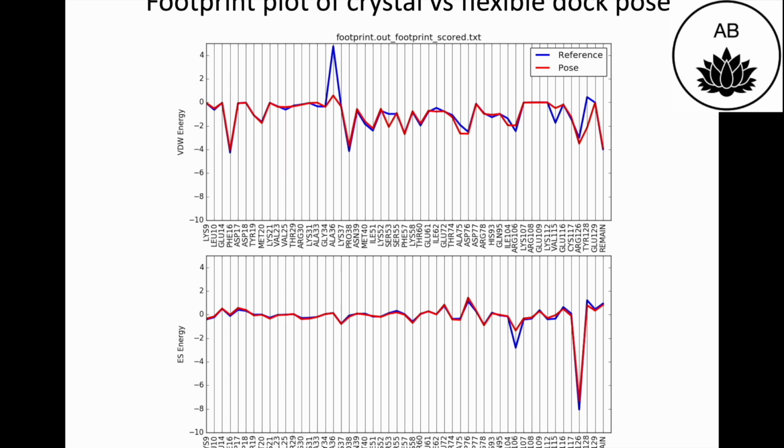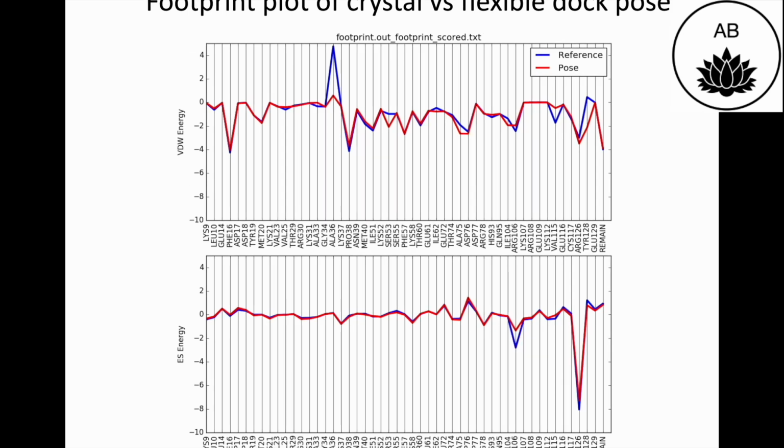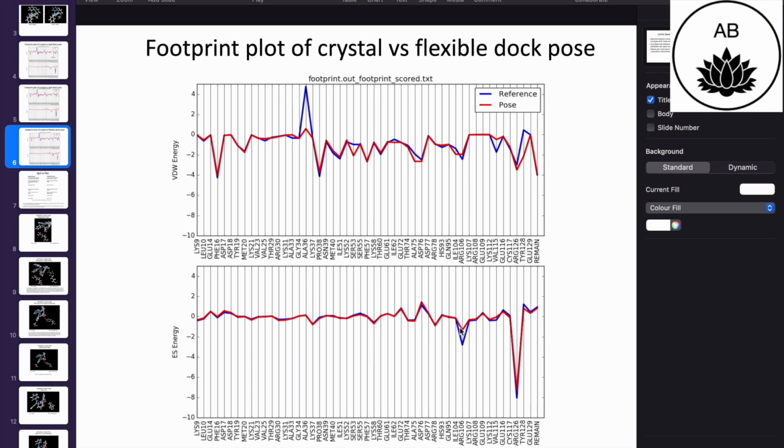Do you see any difference between this and this one? I think a major point of difference is over here in the electrostatics energy for the flexible docked pose, right where I'm hovering my cursor, and this maps to arginine 106.